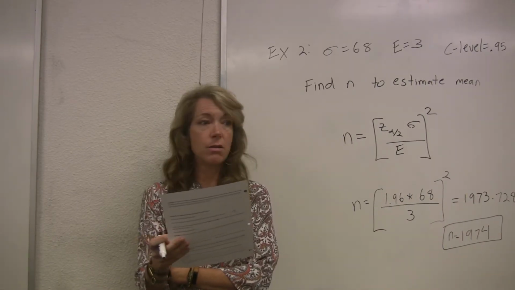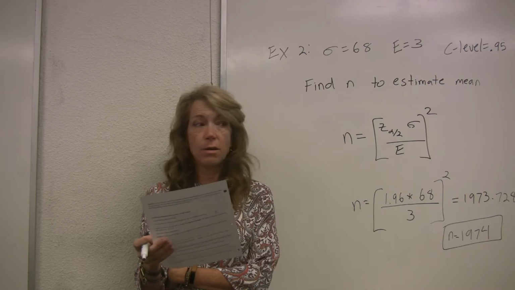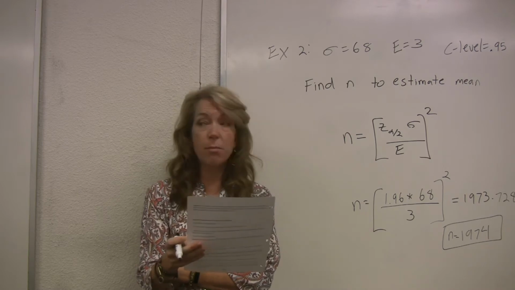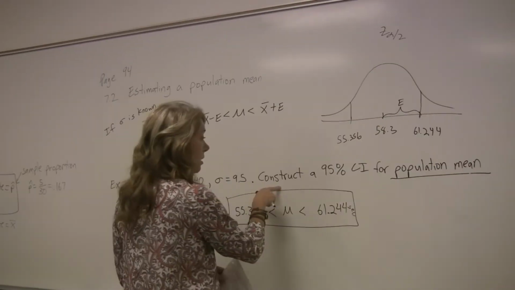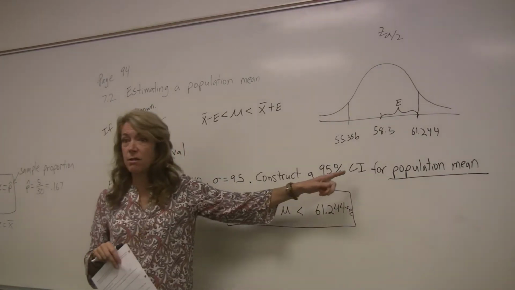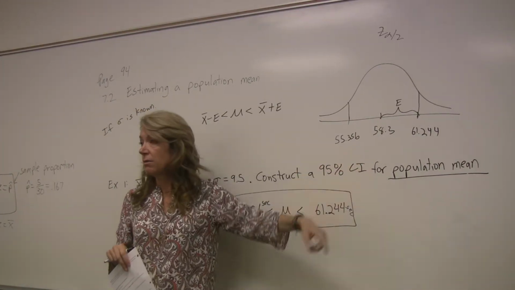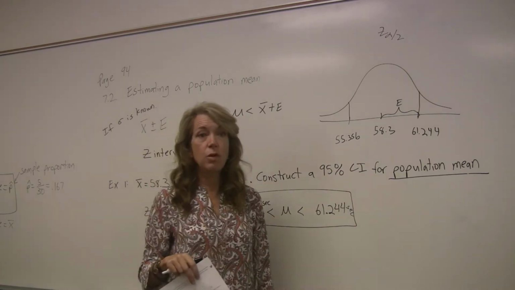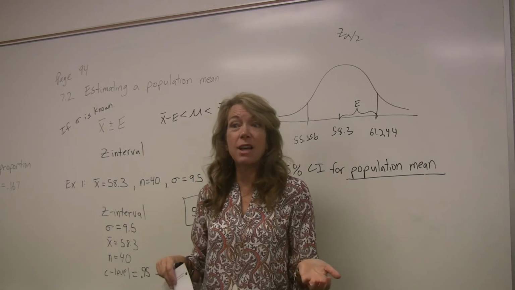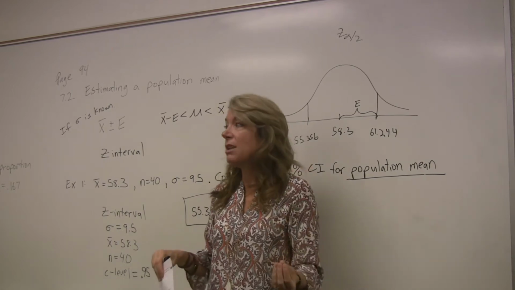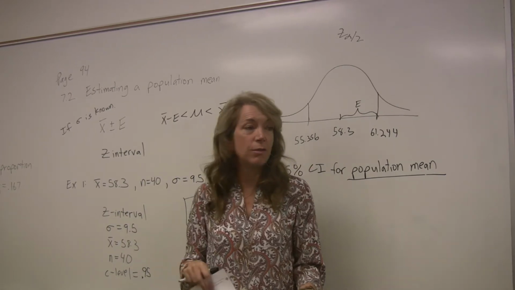What's it want us to do? Find a confidence interval for the population mean, just like we did over here. You have to know what they're asking you to do, otherwise you have no idea where to start. That's the hardest part of statistics, reading the question and knowing what they're asking you to do.